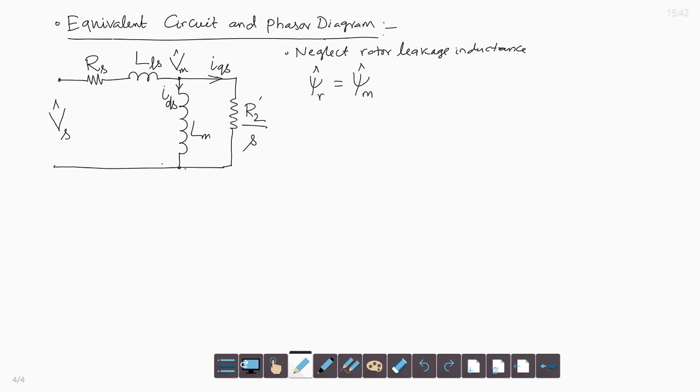So, now let us draw the phasor diagram. This is the phasor Vm across the magnetizing branch.